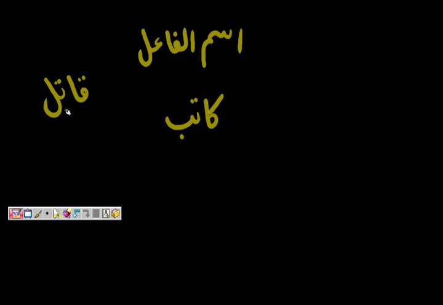It's ismul fa'il, and it's also a fa'il in that sentence. But qatil, which is ismul fa'il, can also be a maf'ul. La'antu al-qatil, I cursed the killer. In this case, I am the fa'il, la'antu, and al-qatil is maf'ul, because I am doing the imprecation, and qatil is receiving.